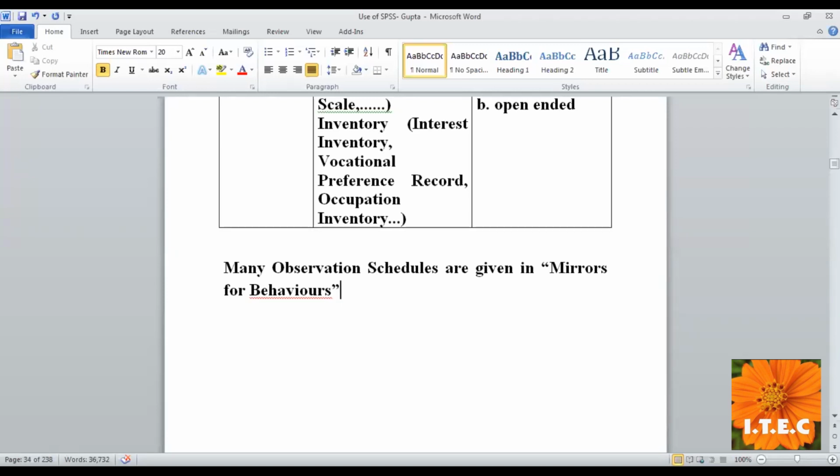And when you go to interview the vice chancellor, you may jot down the questions which you want to put to get the required information.